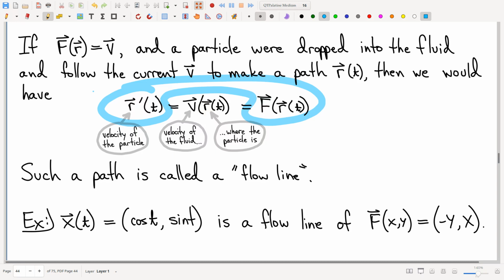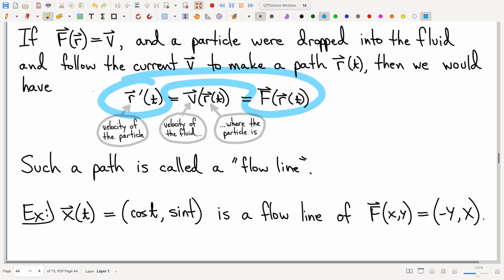Y'all probably haven't seen how to solve systems of differential equations yet, but you will in Math 353. Conceivably, if you took Math 221, you might have seen something like this. If you haven't, don't worry about it. In this class, we're not going to talk about how to solve these kinds of differential equations. But it turns out that there are techniques. So what we are going to do is confirm certain solutions.